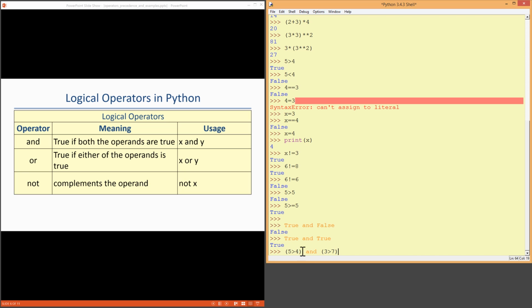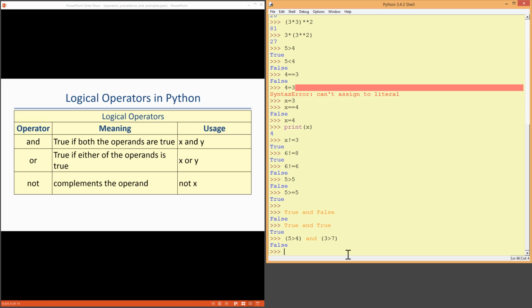This statement here would evaluate to True because I'm asking Python, is 5 greater than 4, and the answer is True. However, this other expression evaluates to False because I'm asking Python, is 3 greater than 7, and the answer is False. Now what I have is True and False, and of course the answer would be False.